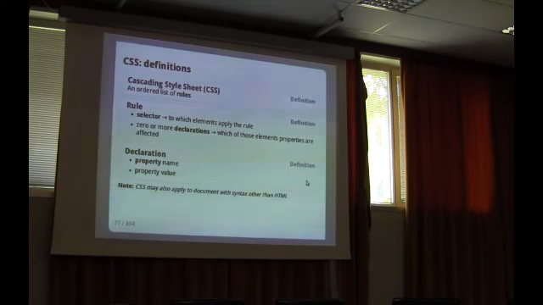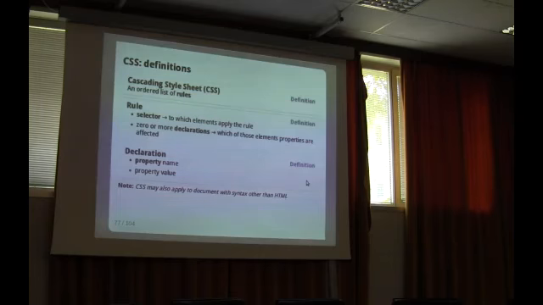A selector allows the browser to understand to which elements the following declarations should apply. The declaration says what property values apply to what style properties. Finally, a declaration is composed of a property name and a property value.